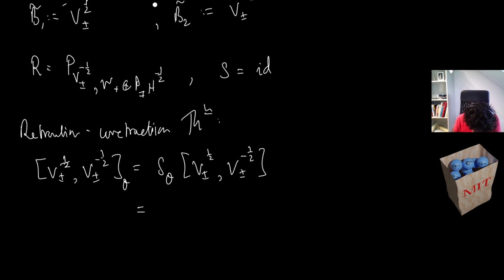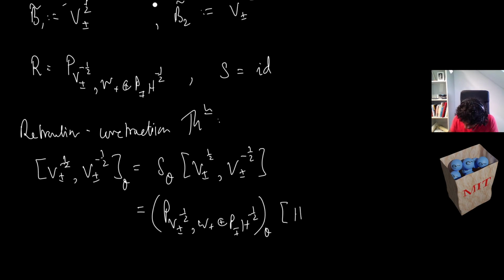So now we have this being P plus minus acting on H half, H minus a half, at theta.